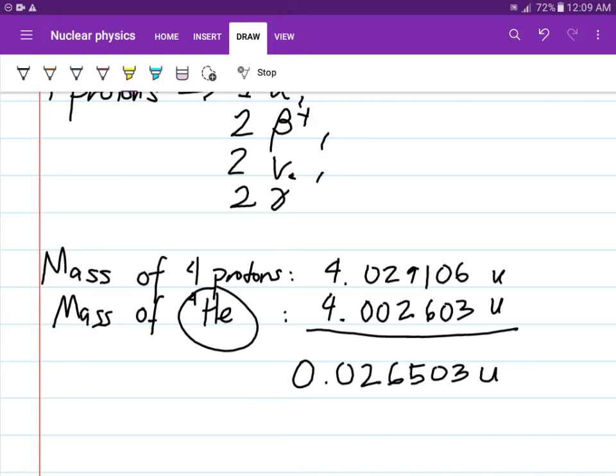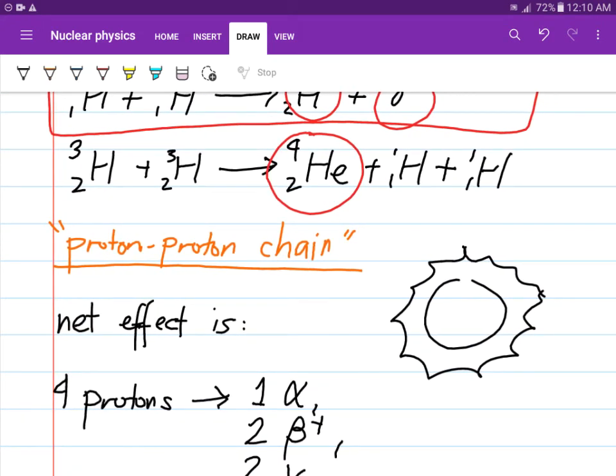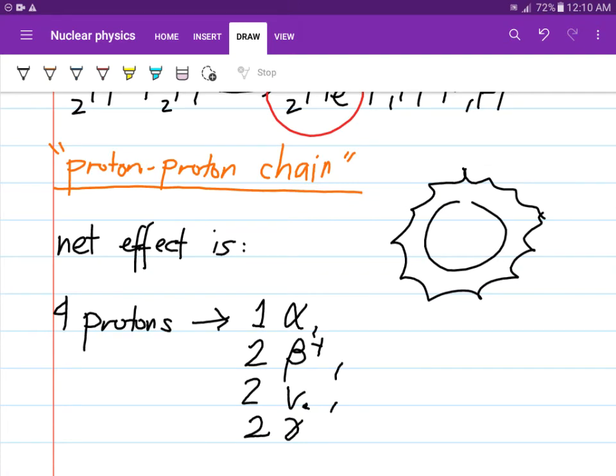So subtracting these two masses, you would have 0.026503 atomic mass units. So this amount of mass is converted into energy in the process.